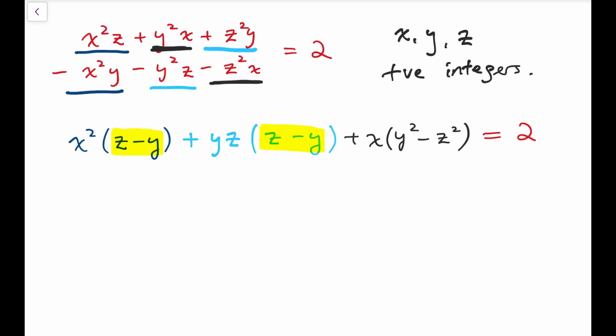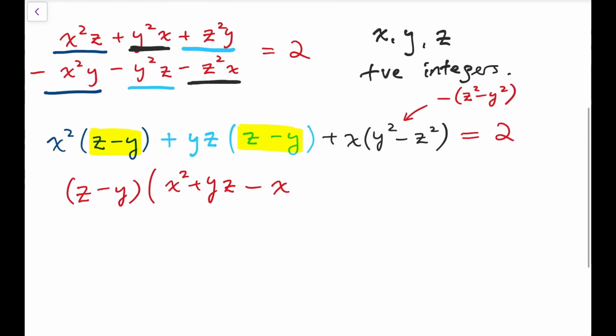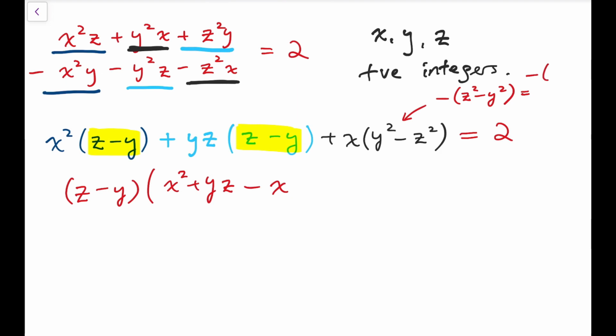So we have z minus y, and y squared minus z squared, and we further take out the common factor of z minus y, and we have z minus y multiplied by x squared plus yz, and then minus x, because I need to rewrite this as minus of z squared minus y squared, so to get z minus y, and then after that I'm going to get minus of z minus y times z plus y.